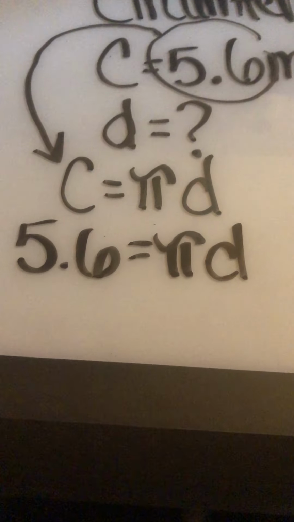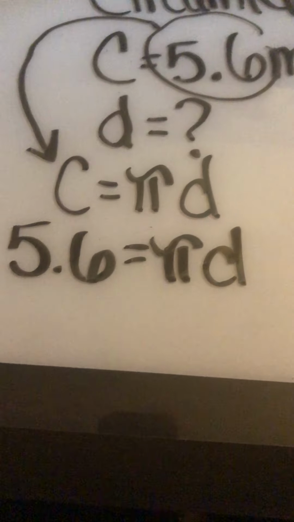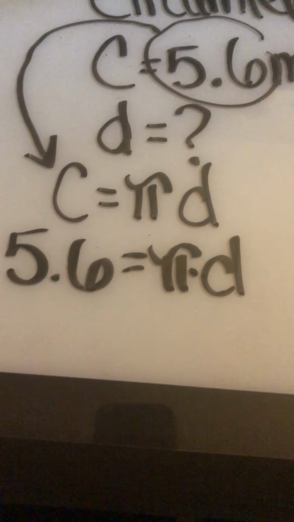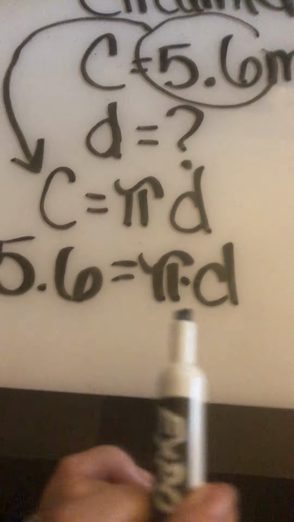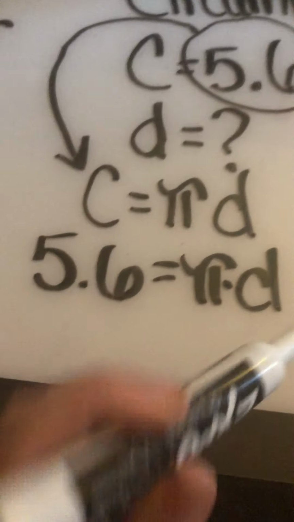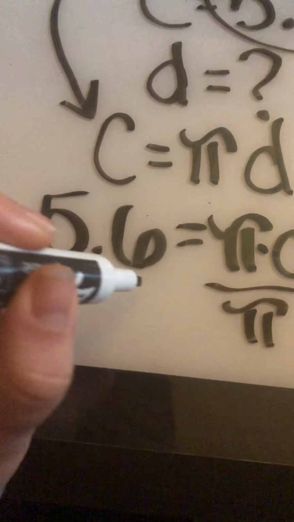Okay? Now, just like that equation I just walked you through, we're trying to isolate D. And the operation that is happening to pi and diameter is multiplication. So the inverse operation to get the diameter isolated would be to divide by pi. So we're going to divide by pi. And if I do it to one side, I have to do it to the other.